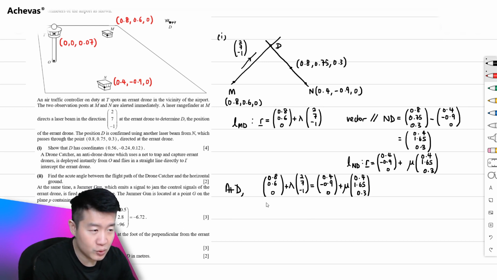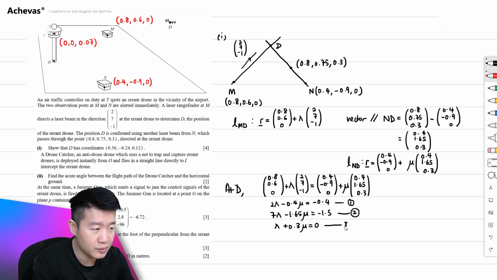From the first row, we get 2 lambda minus 0.4 mu equals -0.4. This is my first equation. From the second row, I get 7 lambda minus 1.65 mu equals -1.5. This is equation number 2. And for the last row, we have -lambda plus 0.3 mu equals 0.